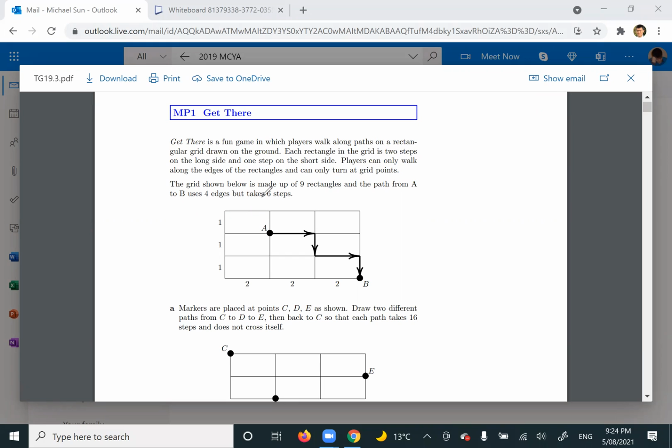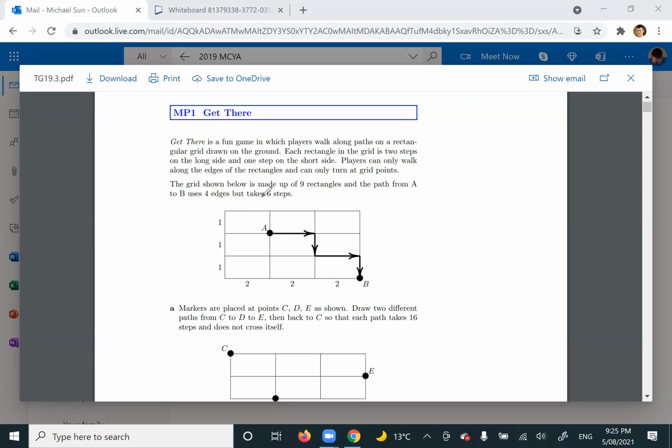Players can only walk along the edges of the rectangles. I can only turn at grid points. Keep reading. The grid shown below is made up of 9 rectangles.